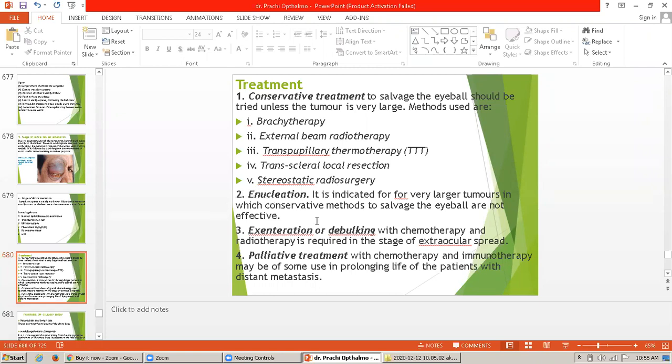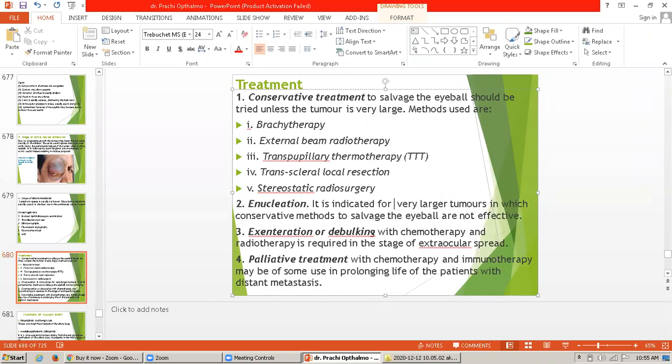Second is enucleation. It is indicated for very large tumors, where conservative methods to salvage the eyeball are not effective.